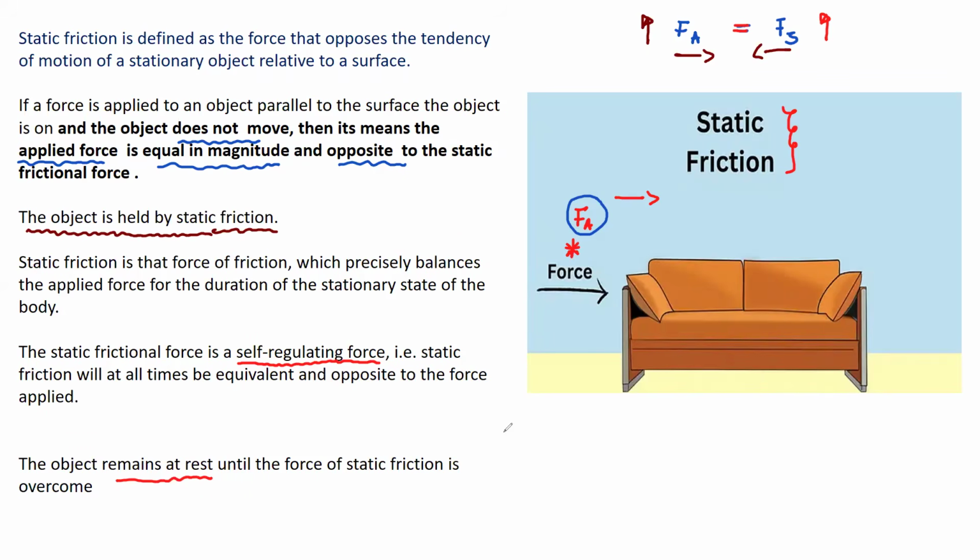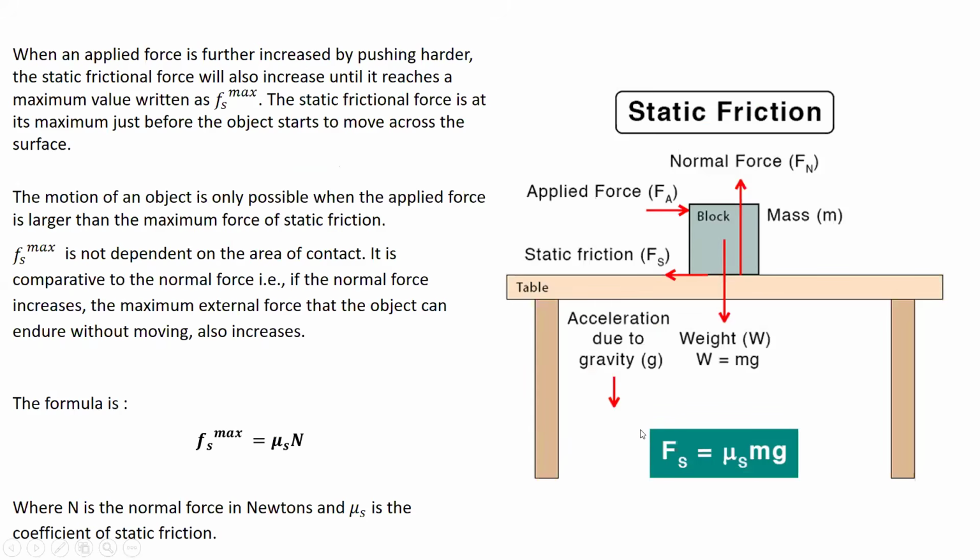In other words, when it comes to this situation, when can we move? When is it possible that movement is guaranteed? Movement is guaranteed when the applied force has increased so much that it is greater than what is known as the maximum static friction.